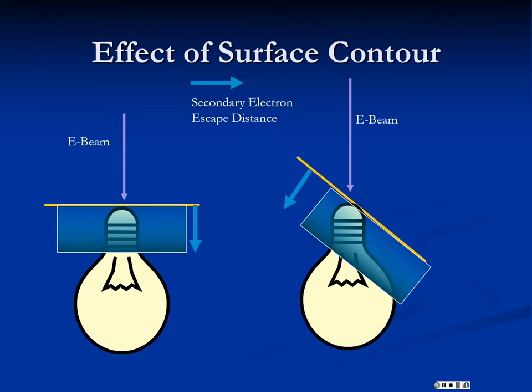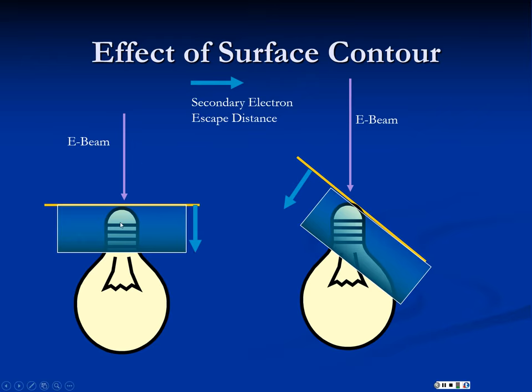Now, interpreting electron images requires that you train your brain a little bit. Your brain's going to make sense of the image it sees, but an electron image is not the same as a light image. And a big difference arises from this. Secondary electrons will escape from a particular depth. Anything that is emitted within this distance, the blue arrow, can escape.